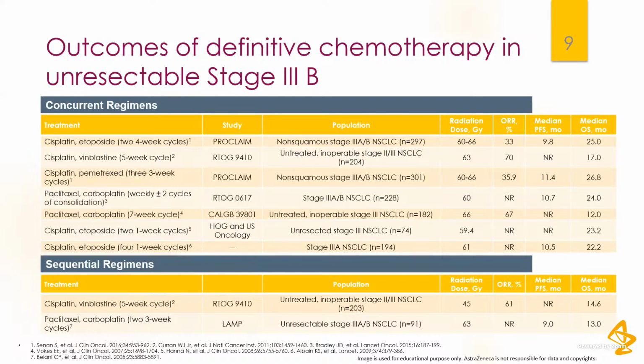Now, if you just see the outcomes of chemotherapy, radiotherapy in stage 3B, the overall response rates across various trials have been in the range of 30 to 70%, and the median progression-free survival in this stage has been quite dismal. It has been just 9.8 months to around 11.4 months. That's as poor as having a stage 4 lung cancer. Next slide.